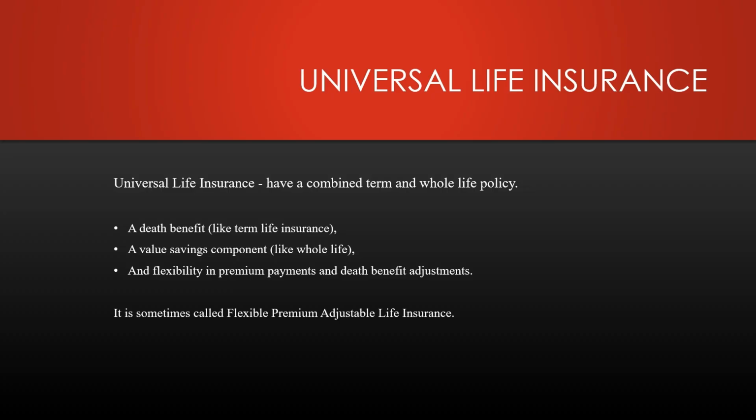There's also a savings value component like the whole life insurance, allowing for someone to have life insurance throughout their life. There's some flexibility in the premium payments, and the death benefits allow for some adjustments. Sometimes these policies are referred to as flexible premium adjustable life insurance. But like I said, they become more complex and there's higher fees involved.